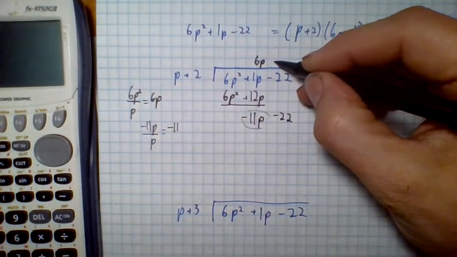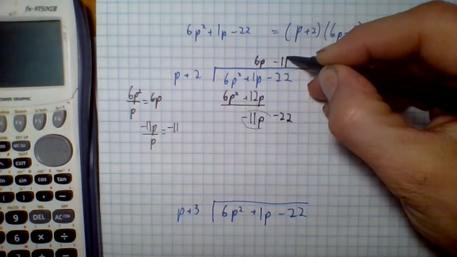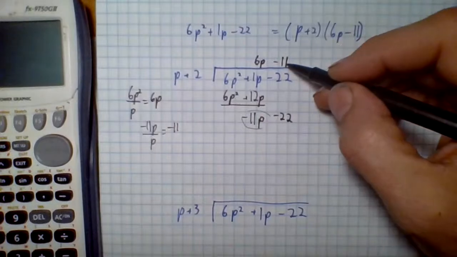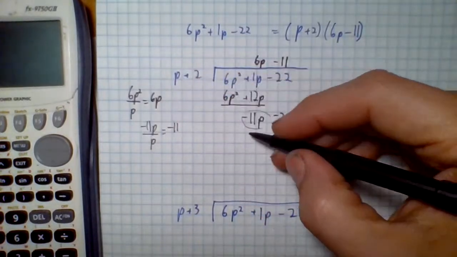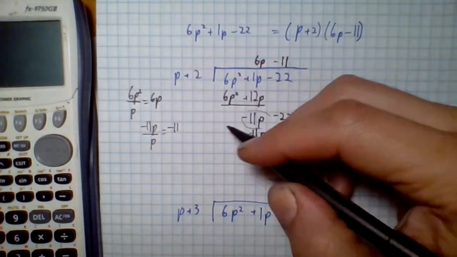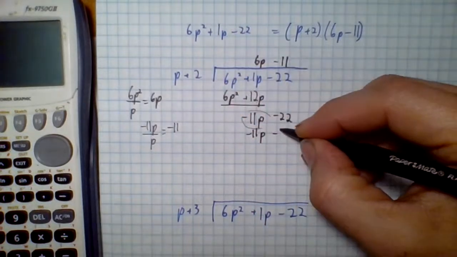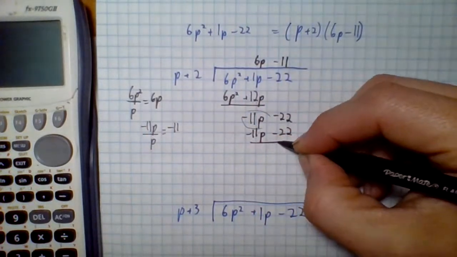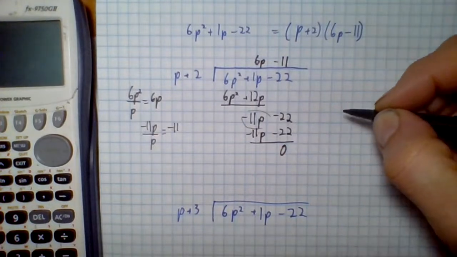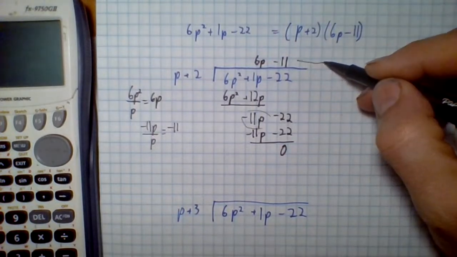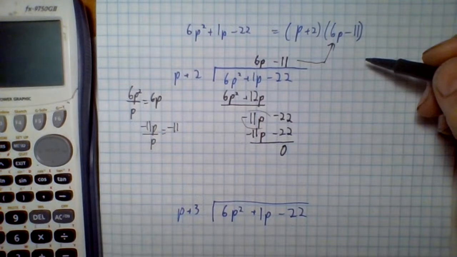That's the other part of the answer, the next term of the quotient. And so negative 11 times p is what it should be. And negative 11 times 2 also matched up perfectly right there. So we get a remainder of 0, and that was the quotient. Of course, we knew that because we had that factor form.